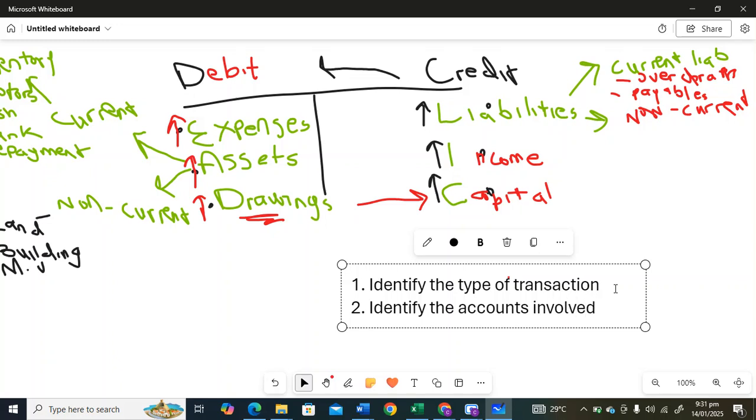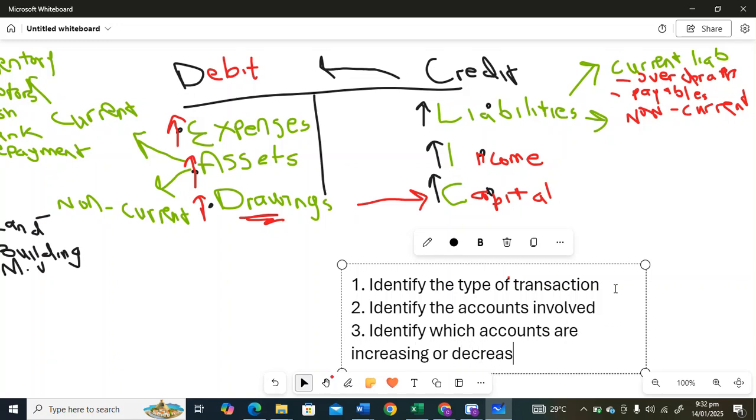Once you've identified the accounts involved, this is where the double entry comes in. You have to identify which accounts are increasing or decreasing. Sometimes two accounts can increase, other times two accounts can decrease. Other times one account is increasing, another account is decreasing. So this is where the double entry comes into play.